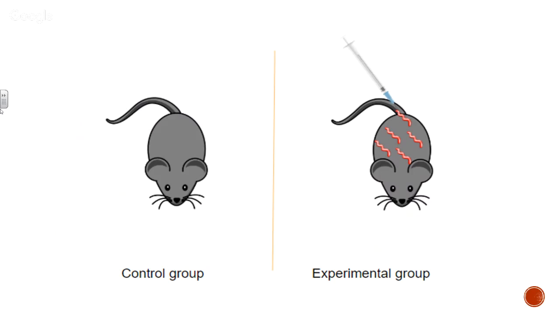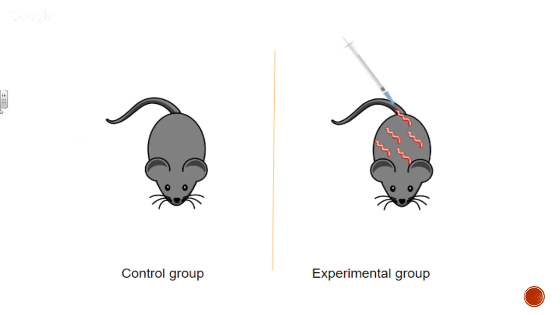So in an experiment, you're going to have your control group and your experimental group. Your experimental group is your sample, on which you will be administering your test, your procedure. Whereas your control group is the group where you won't be applying your procedure or administering any tests.